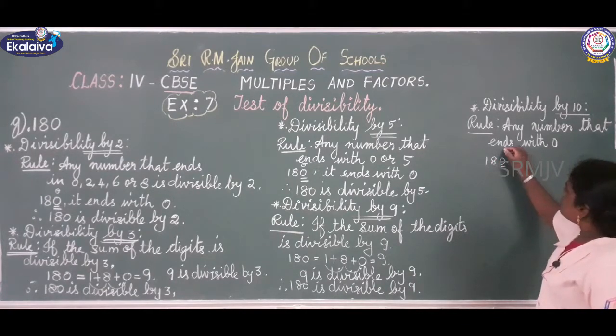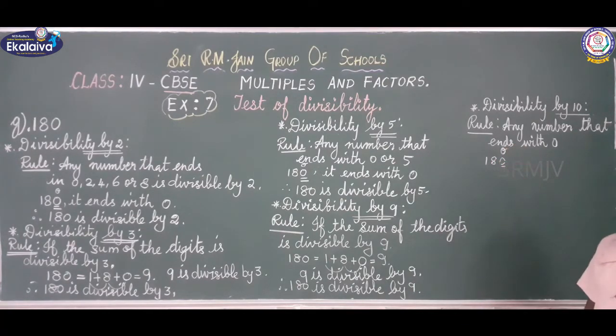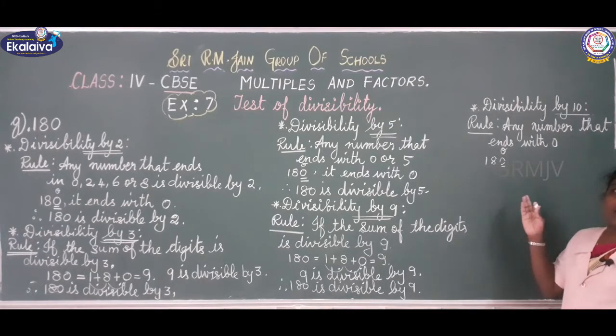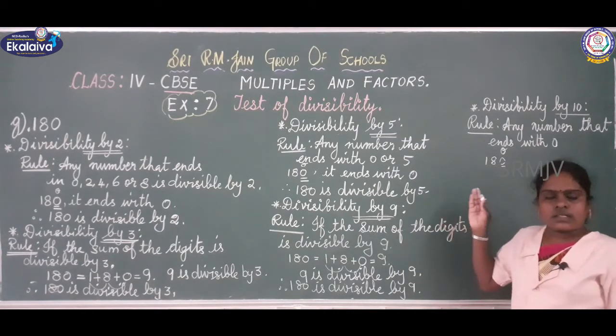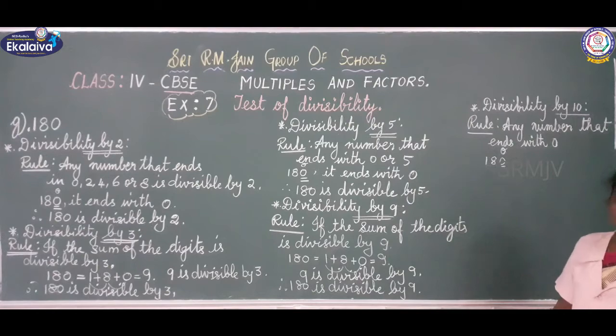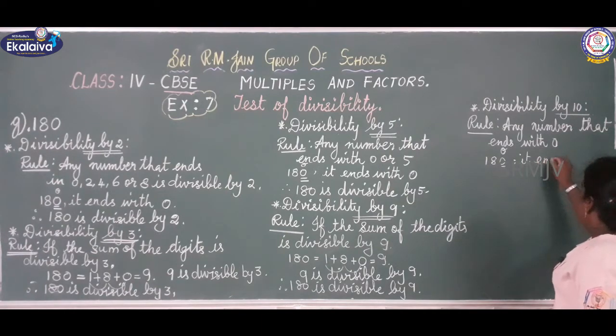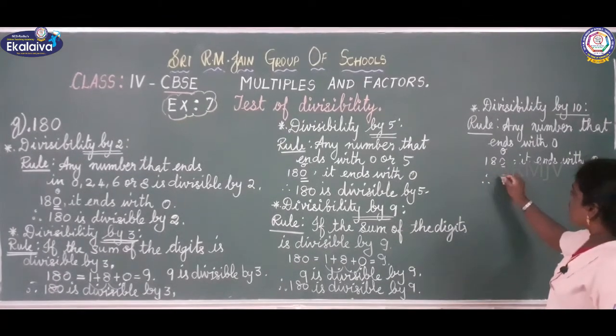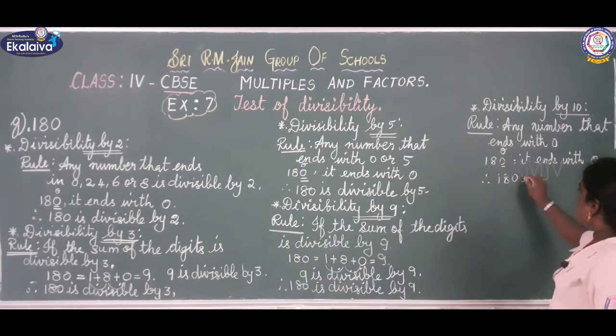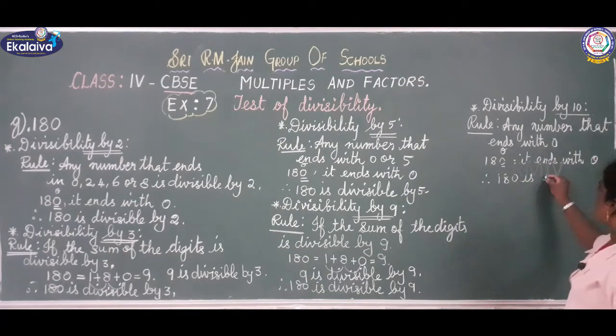Check the ones place, we have 0. If the digit in the ones place is 0, it is divisible by 10. So here the given number ends with 0. Therefore, 180 is divisible by 10.